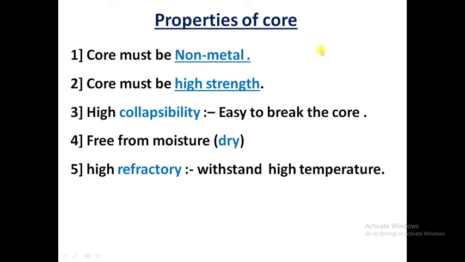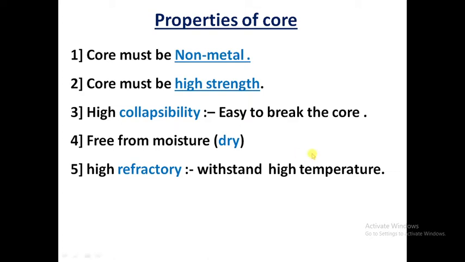So these are the properties of the core. That is, the core must be non-metallic and it must have high strength. Okay, and it should have high collapsibility. That is, it should be easy to break the core. It should be free from moisture, that means it should be dry. And the last, it should be highly refractory.